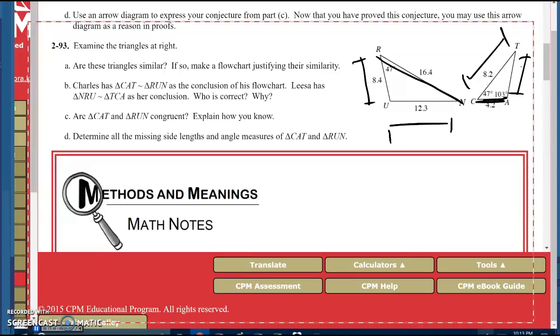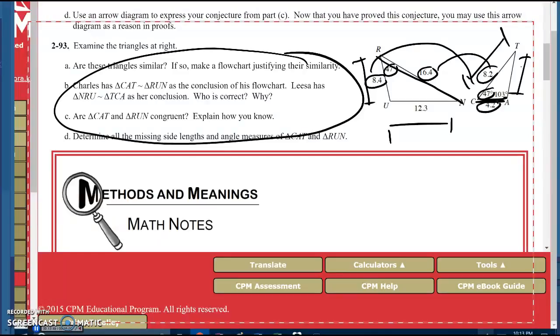It looks like we might be able to use side-angle-side similarity, but you have to check that those side lengths are in proportion to one another. If they are, then you can say they're similar. Go ahead and work through and answer these questions.